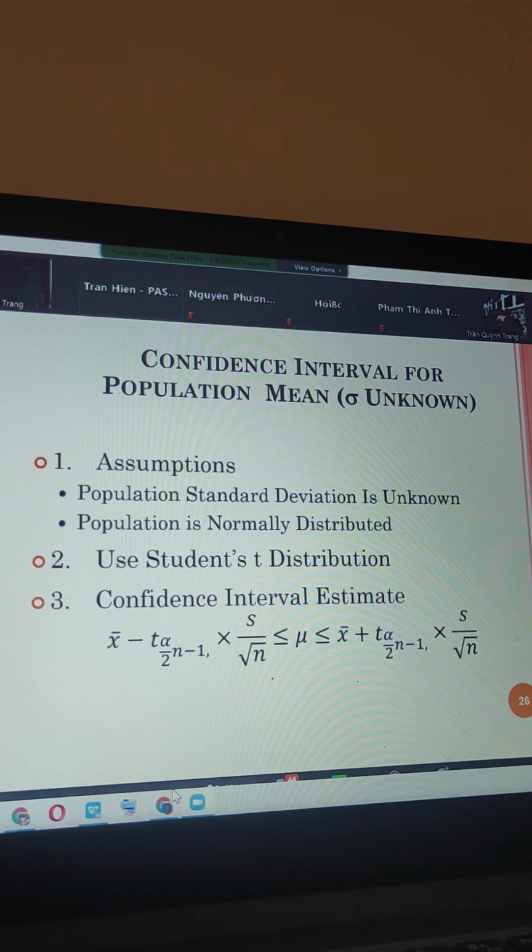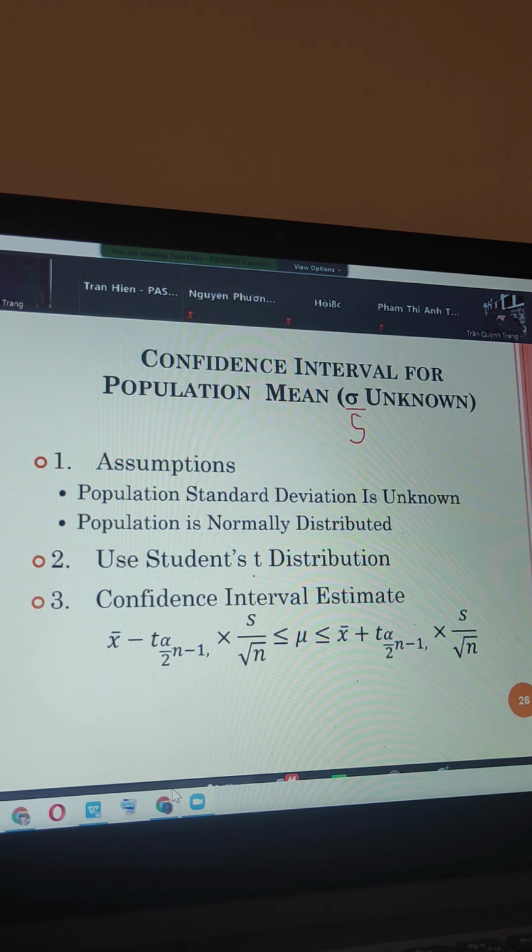This situation represents the population standard deviation unknown case, sigma unknown, okay? Because we don't know the value for sigma, we have to use S, the sample standard deviation. S is used to estimate sigma, so the margin of error and the interval estimate for the population mean are based on a probability distribution known as the T distribution.